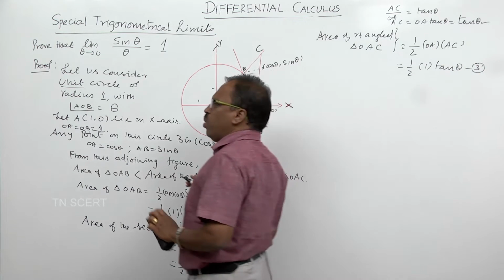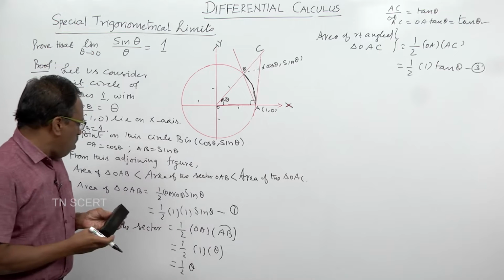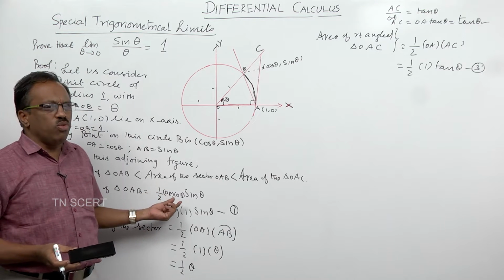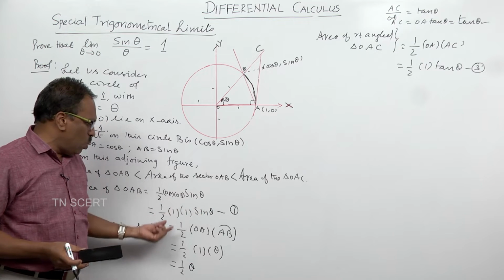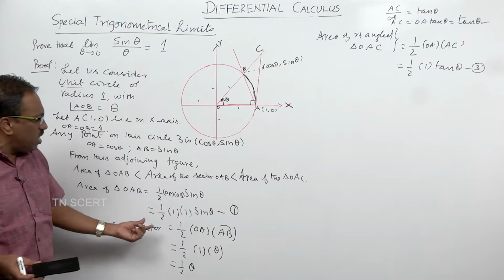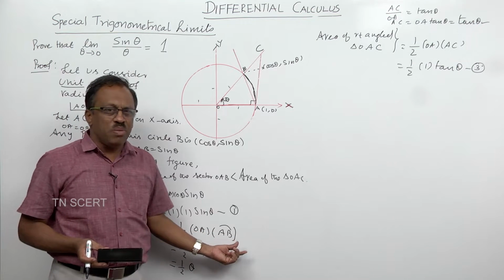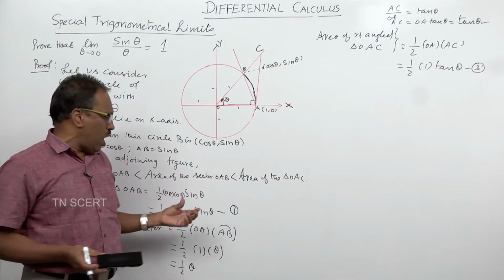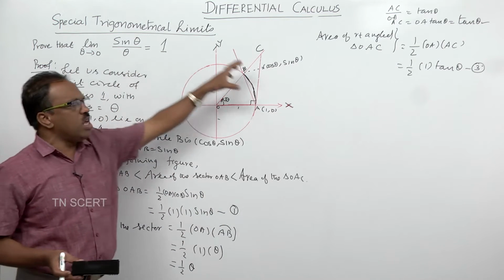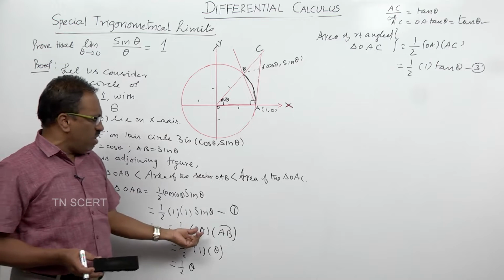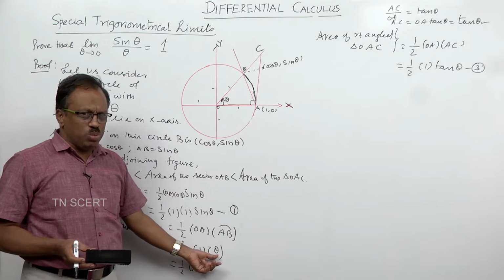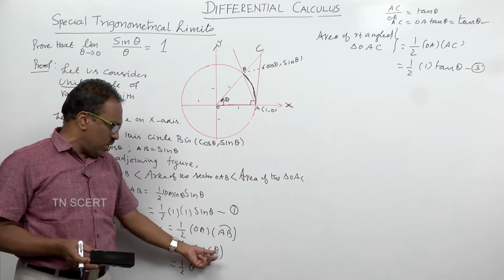See, I have found out 3 results. One is the area of triangle OAB based on the formula half OA OB sin theta. OA is 1, OB is 1 and sin theta. Then the area of the sector of OA and sector AB: suppose if I have R, I could have given R and R everywhere, but since I have considered a unit radius, everywhere I am going to put 1 and 1. So, half R squared theta instead I make it half theta here.